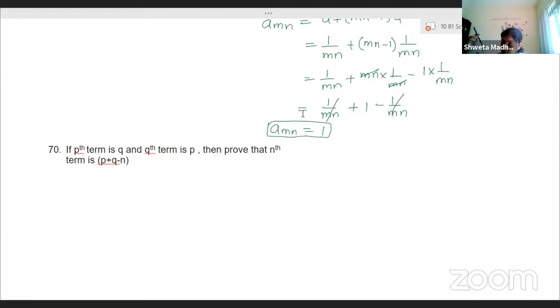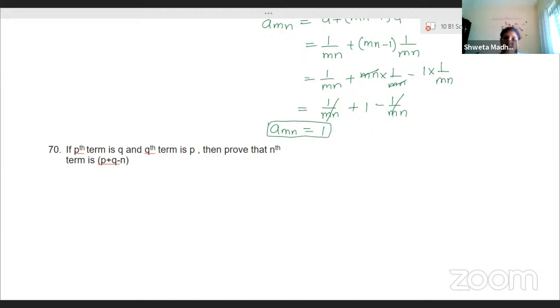Okay. So now is the meaning clear? Pth term is Q, that means P and Q are numbers, positions, different positions. At position P, Q is present, and at position Q, the value P is present. That means it is a decreasing sequence.